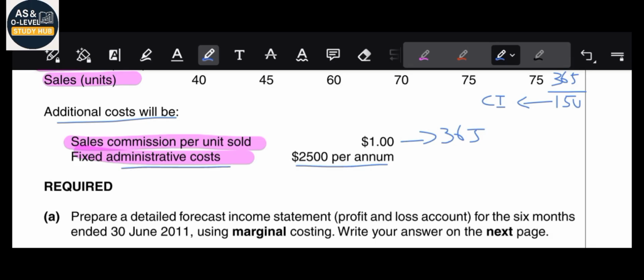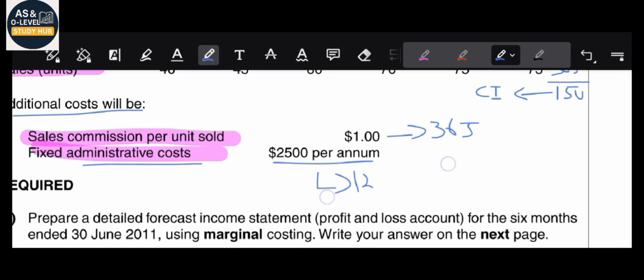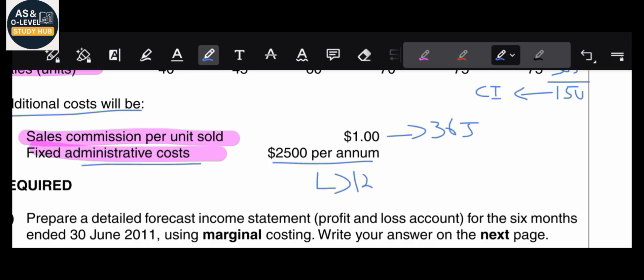This is for 12 months, but we will make our profit statements for 6 months, so we will simply divide it by 2 to get the 6 months fixed administration cost. 2,500 divided by 2 is 1,250.